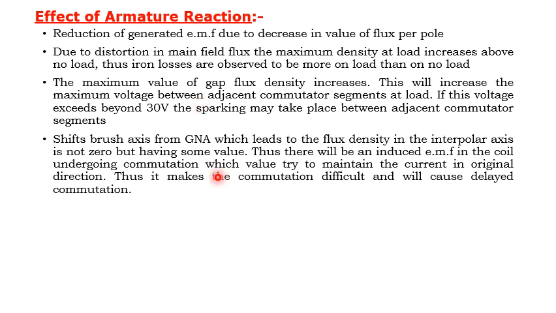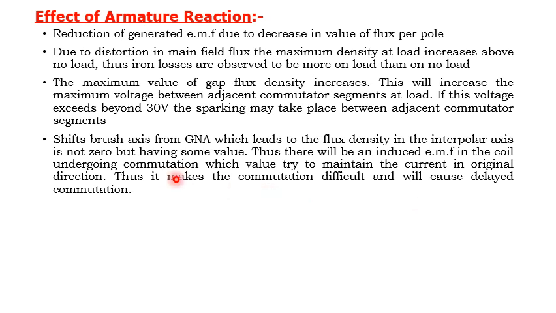Now obviously, if there is a commutator segment, commutation will take place. With commutation, there will be a shifting of the brush axis from the geometrical neutral axis, which leads to the flux density in the interpolar axis not being zero but having some value.